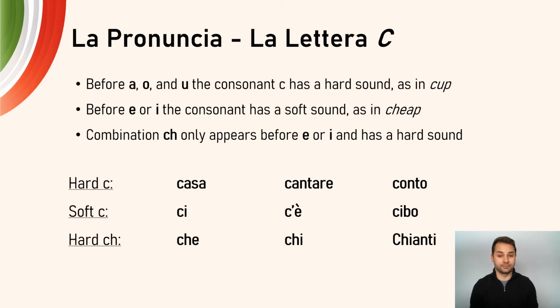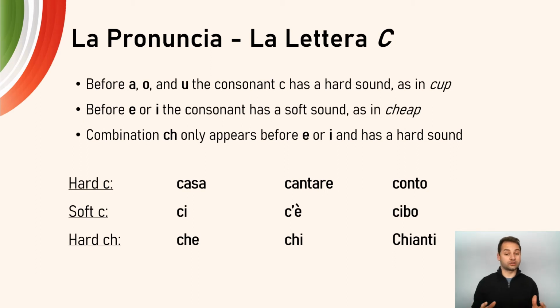Hard sound. When the C, though, is in front of the E or the I, it's going to be a soft sound, as if we were saying the word in English, cheap. Say it, cheap. So if we saw C-E, we say che. C-I, chi.